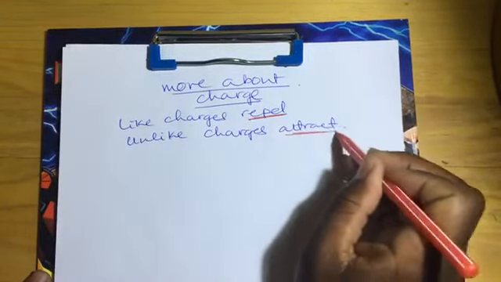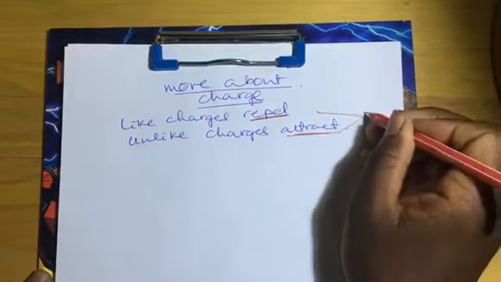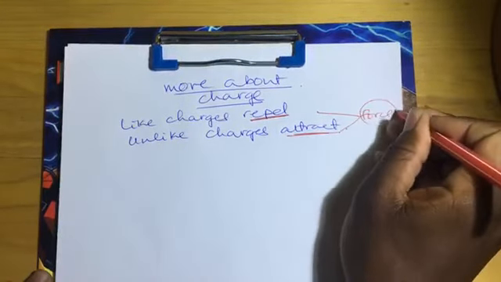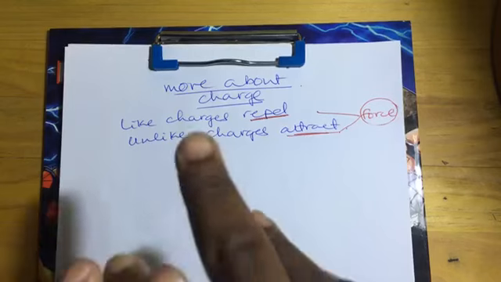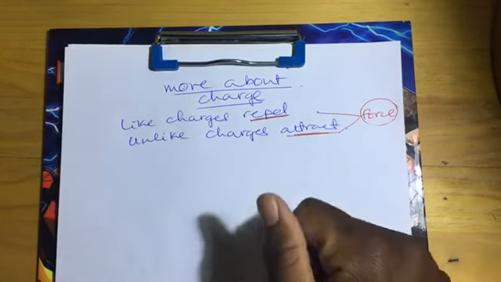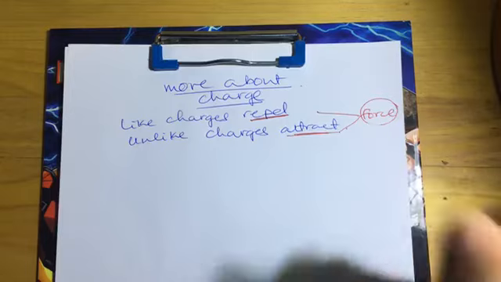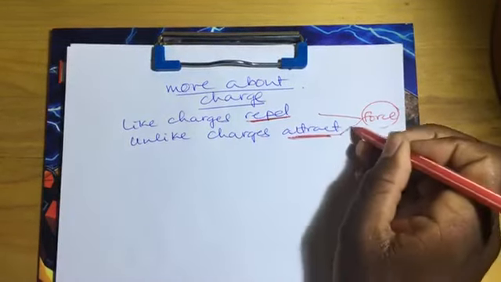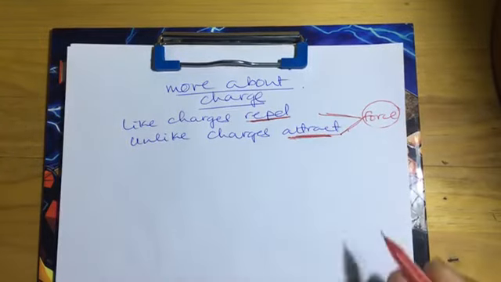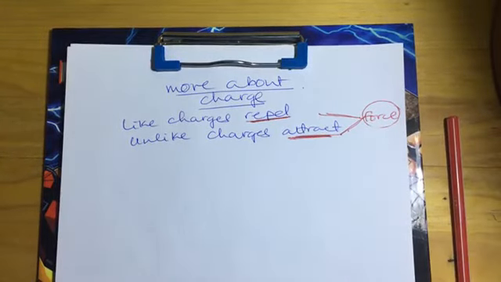Now, repulsion and attraction are both referring to a force. You understand? That's why I asked you guys to do vectors analytical method, because forces are going to be vectors, and the same way we handle vectors is how we are going to be handling some of these questions. So more about charges: like charges repel, and unlike charges attract. And the repulsion and the attraction effects are due to forces. Now, there are two types of forces. Forces can be contact forces or non-contact forces.